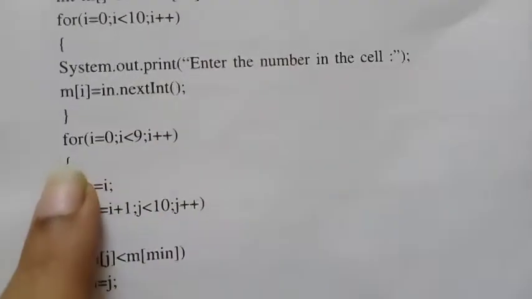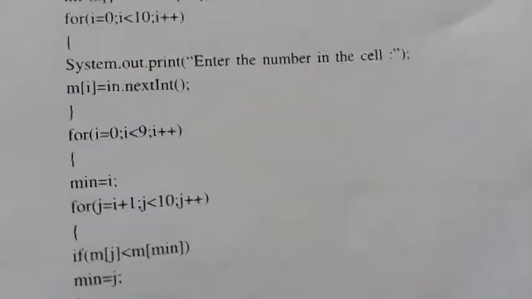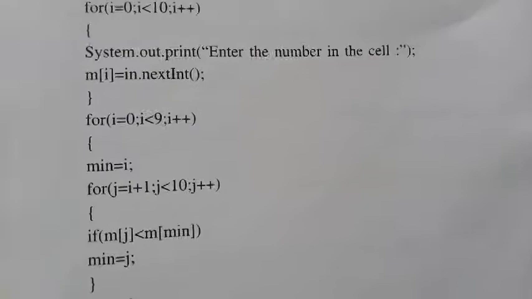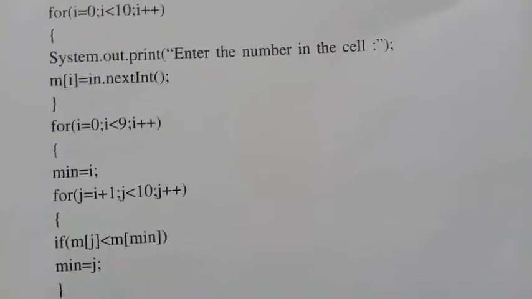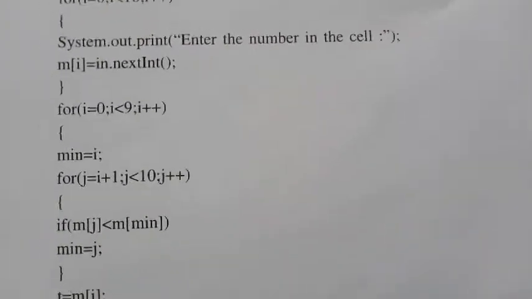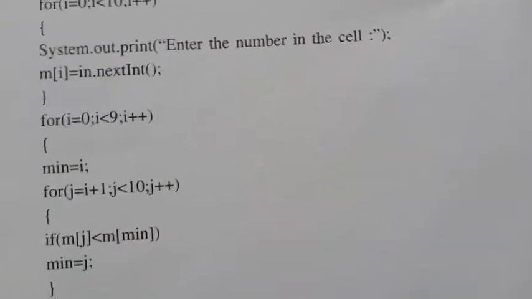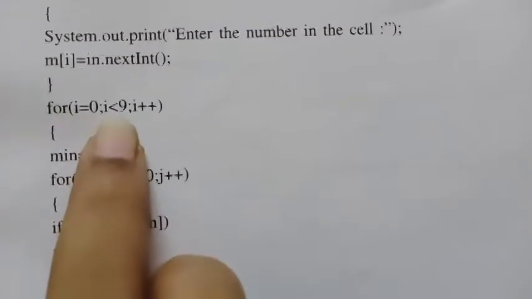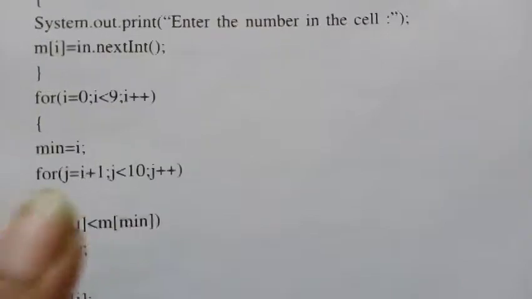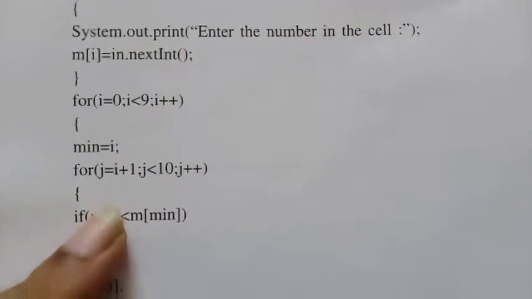Because the last number will automatically be pushed to its original place, we only have to find the lowest number and keep on putting it in the left. So the last number will automatically be pushed to its position. That's the reason we have one iteration less than the number of elements.